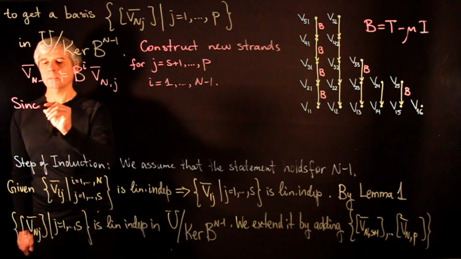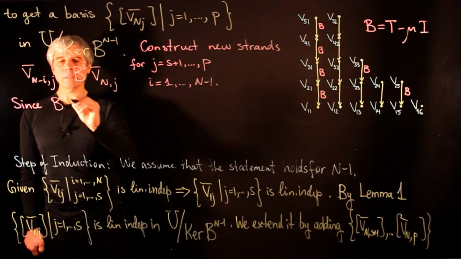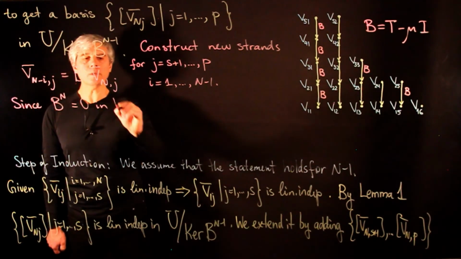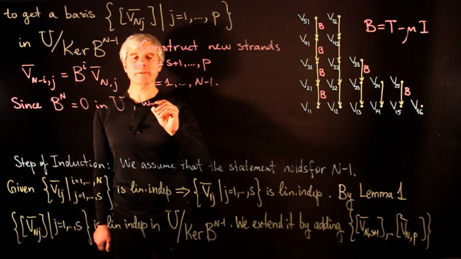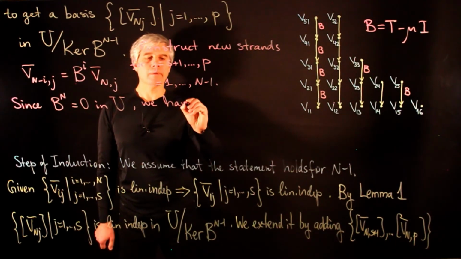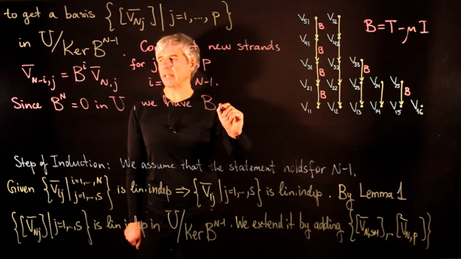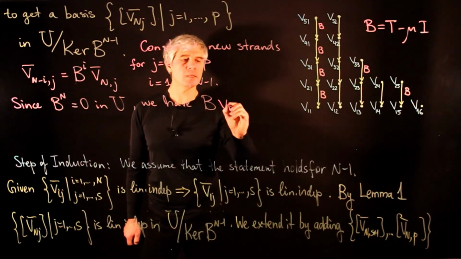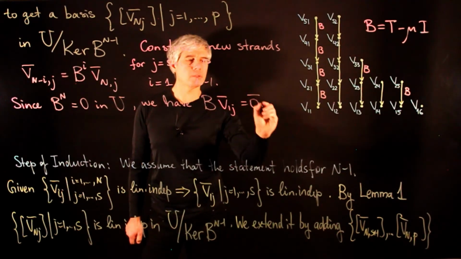Since b to the power n is equal to 0 in U, we will have that b acting on the bottom vectors v1j will produce 0 vectors.